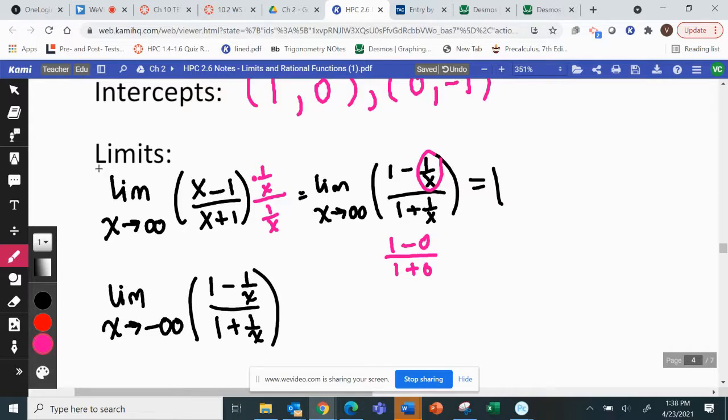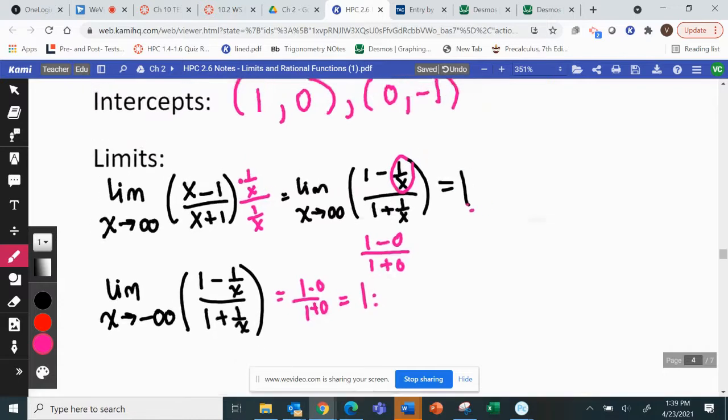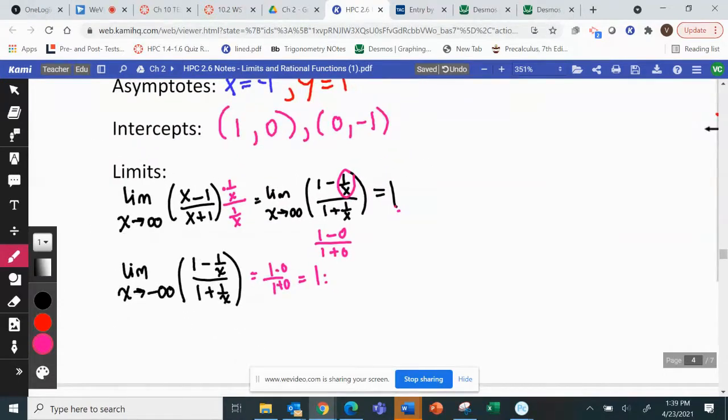So I'm going to get the exact same answer here: 1 minus 0 over 1 plus 0, which is still going to equal 1. If we have the limits the same, then I know that there is that asymptote there. And I've just justified what I had already found. So you will have to write down your limits so that you learn them. But also using the shortcut will help you learn that.